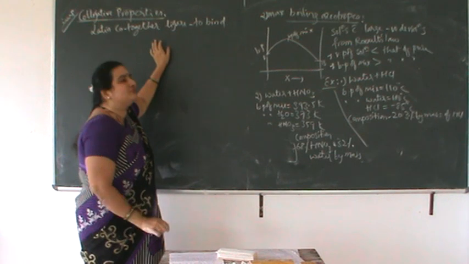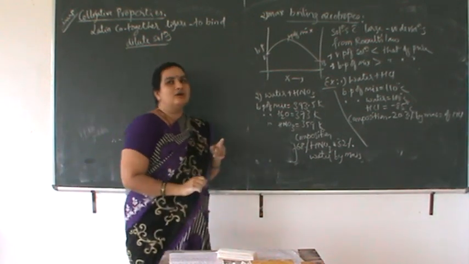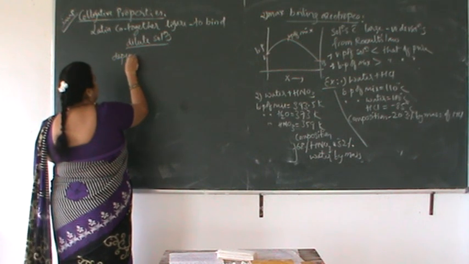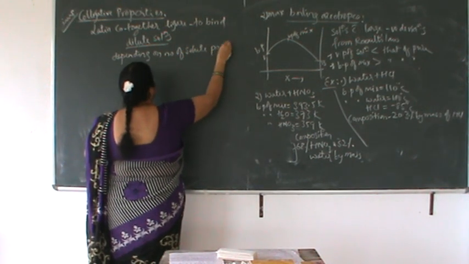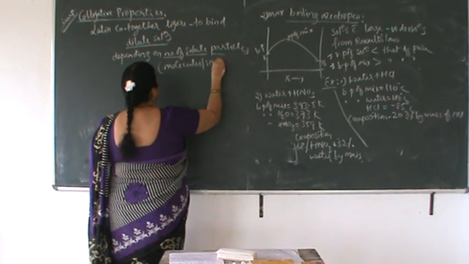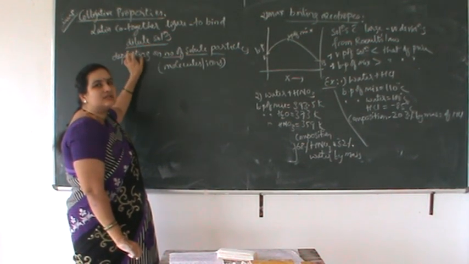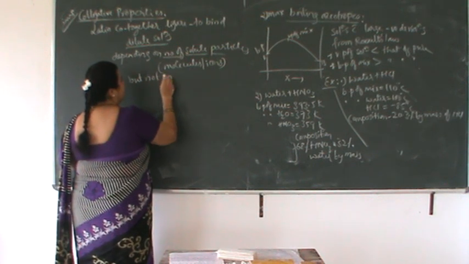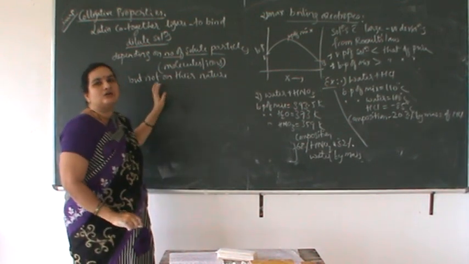For dilute solutions, properties which depend on the number of solute particles present in the solution, that is molecules or ions, but not on their nature, are called colligative properties.